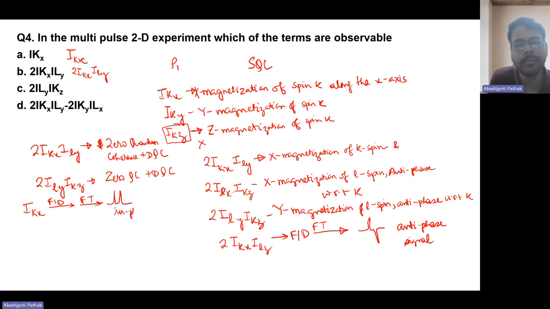This is also called the in phase signal. So we'll get a proper doublet in phase signal. So basically you are measuring these different transverse magnetizations.